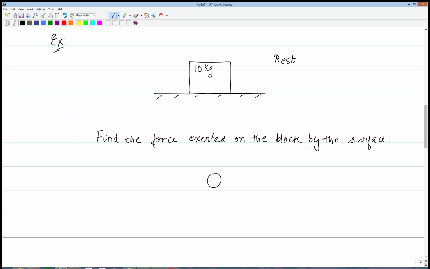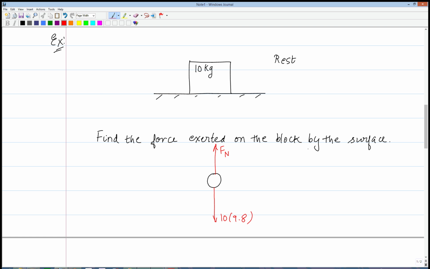The first force we know is the weight of the object, which is equal to mg, which is 10 times 9.8. This force is what is pulling it down. Now the table, or the surface, exerts a force on the object. That force is in the upward direction. We will call that force F sub n, for the normal force of contact.